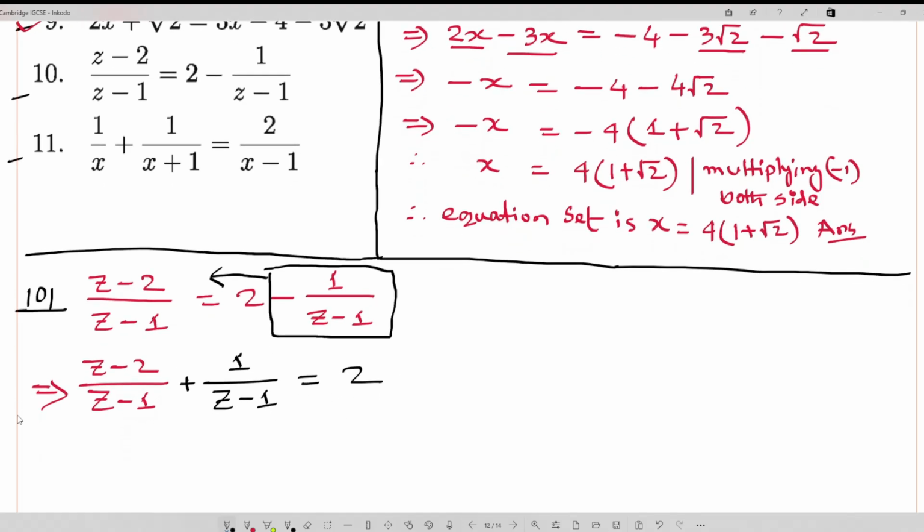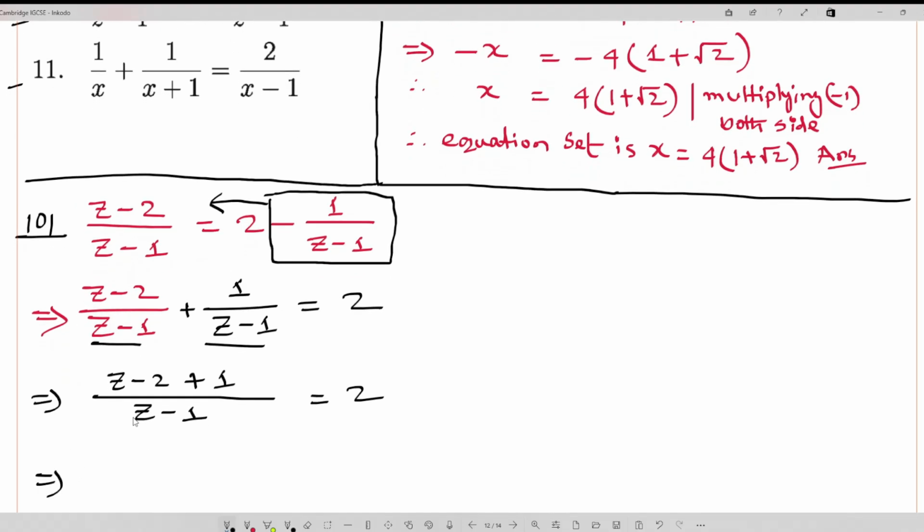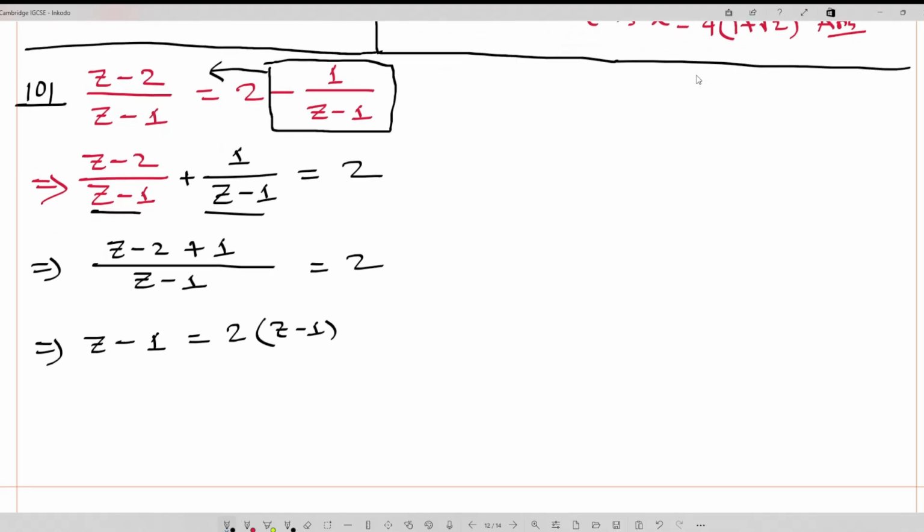Okay, then here is z minus 1 and z minus 1 we can make LCD. So z minus 1, so here is z minus 2 plus 1 equals 2. Now look, z minus 2 plus 1 will be z minus 1 equals, here is 2 times z minus 1, just cross multiplication.